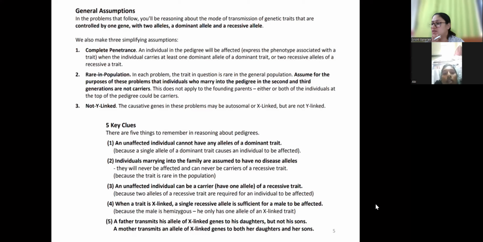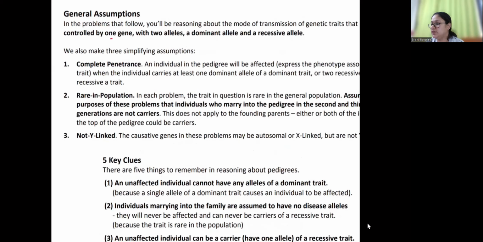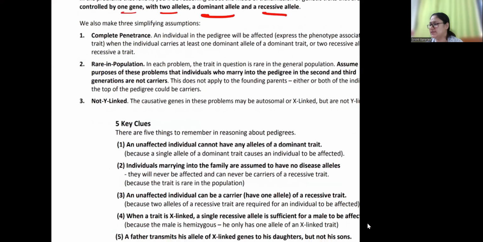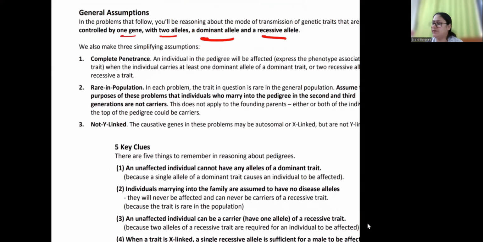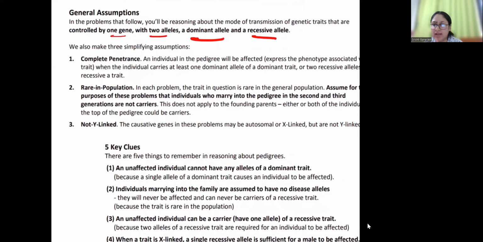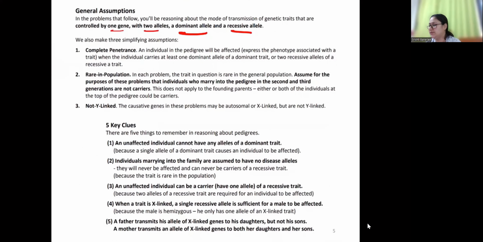The general assumption is that it is controlled by one gene with 2 alleles, a dominant allele or a recessive allele. Why one gene? Because, again, if it's an X gene, then a male will have just one allele, and it's dominant or recessive. That concept will always be there.